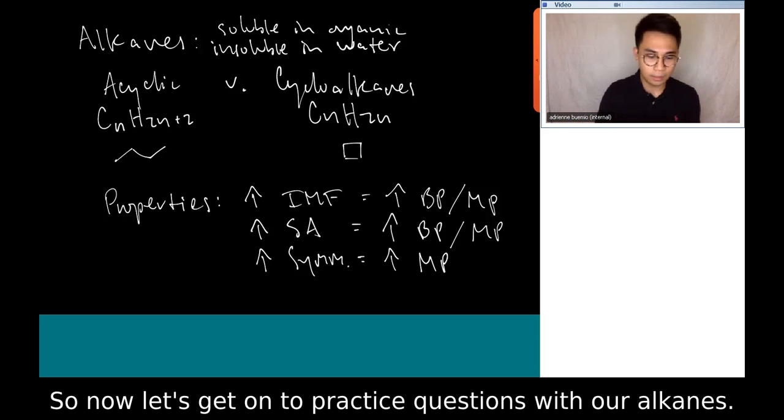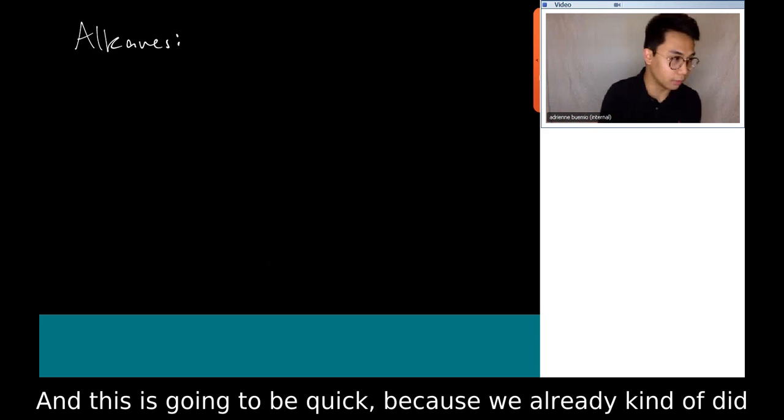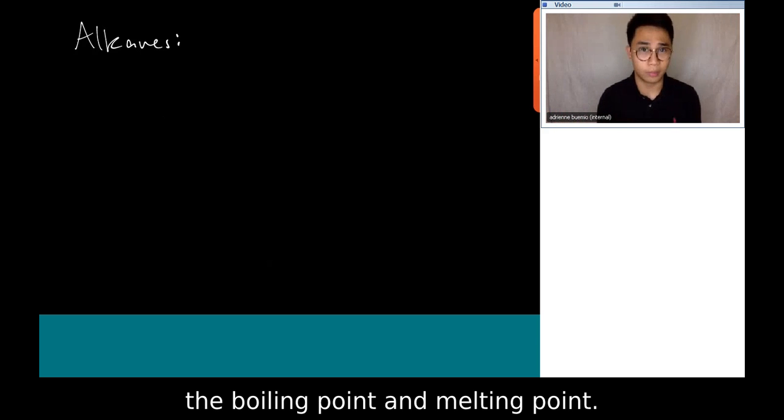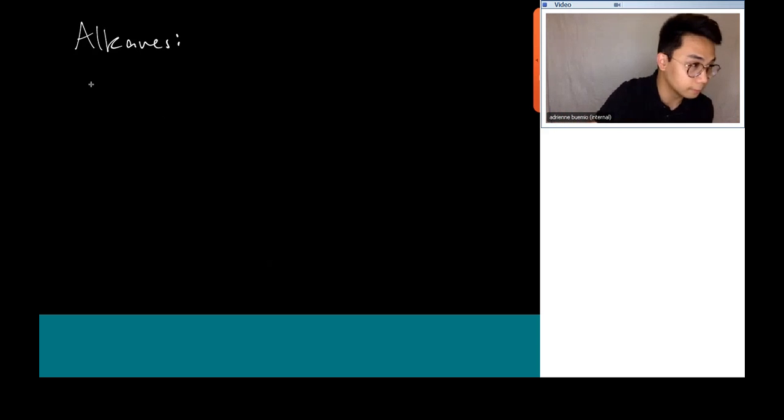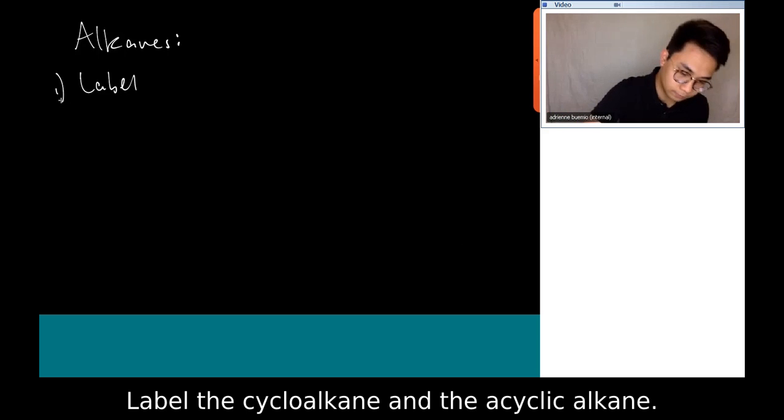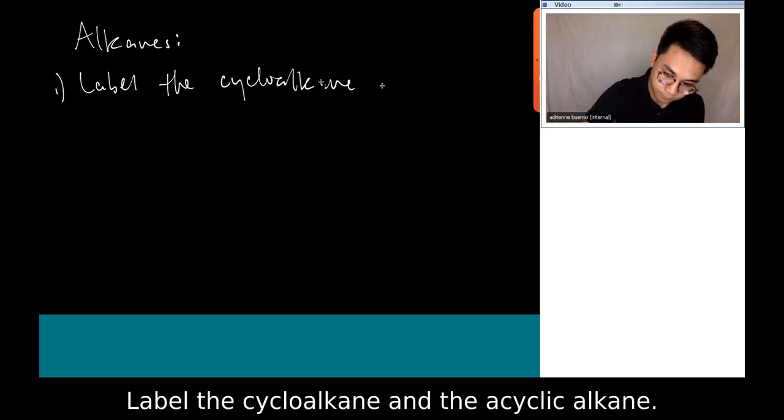Good recap. So now let's get on to practice questions with our alkanes. And this is going to be quick because we already kind of did the boiling point and melting point. So let's see this one. Label the cycloalkane and the acyclic alkane.